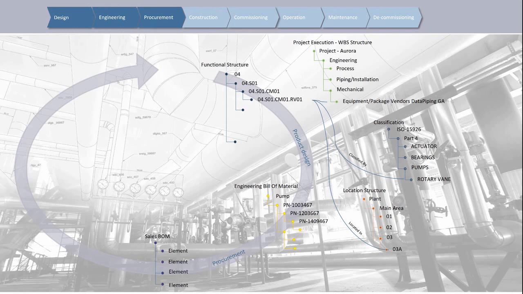Based on the product design, a commercial structure or a sales bill of material is devised by the product manufacturer. This structure includes what needs to be procured and how the company intends to sell the product in question. If it is an off-the-shelf product, this structure is, along with the engineering bill of material, quite generic. But if it is an engineer-to-order product, they are quite specifically tailored to each project delivery.